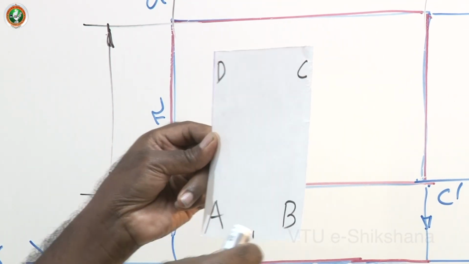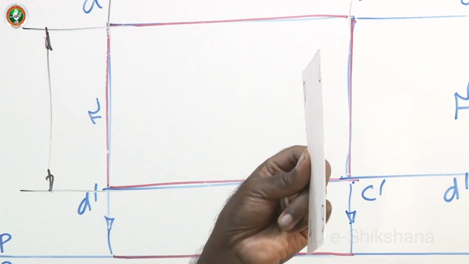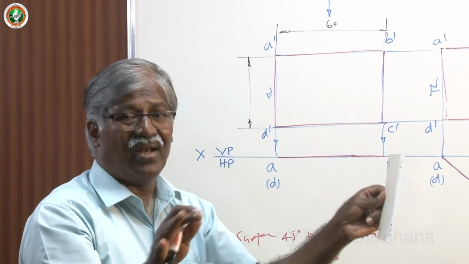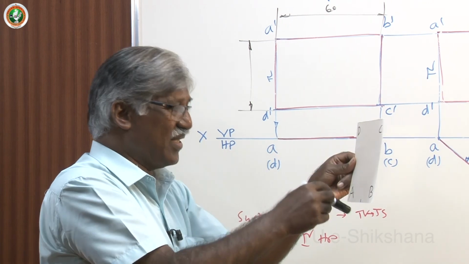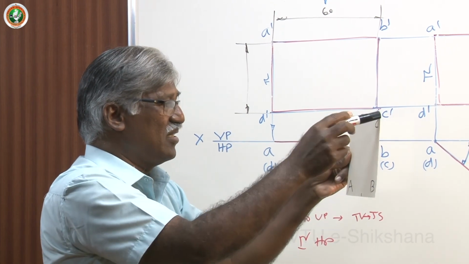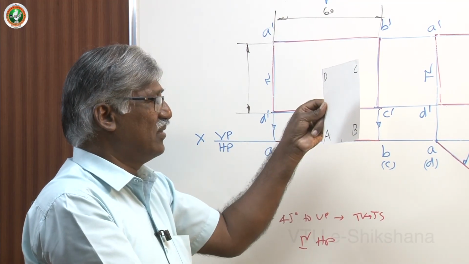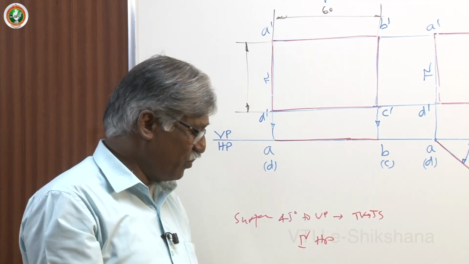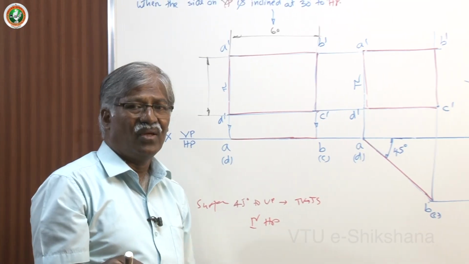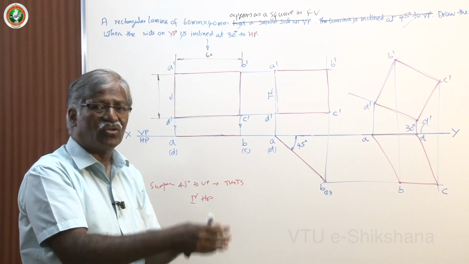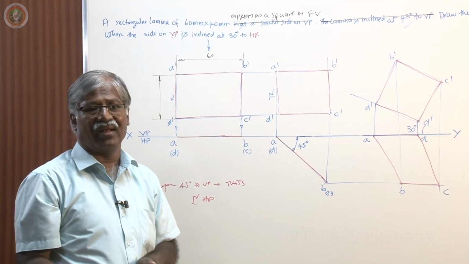They may give a square appears as 40 mm by 20 mm. They need not give the original size also. It is 40 is understood. 40 is constant. This is 20 or 30 or 25. So first position, second position. So we will try to work these problems on computer software. Okay, both the rectangle appears as square and square appears as rectangle.